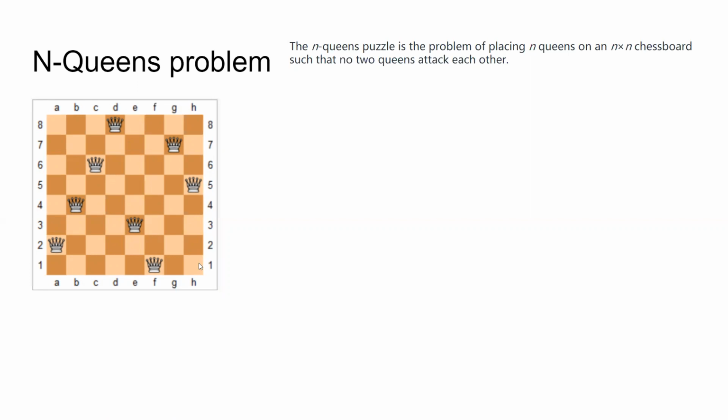So this is an example 8x8 chessboard, and if you look at this current configuration, all of the queens are placed in valid states. There are no conflicts basically. There is no other queen in this column or this row, or even any diagonal.